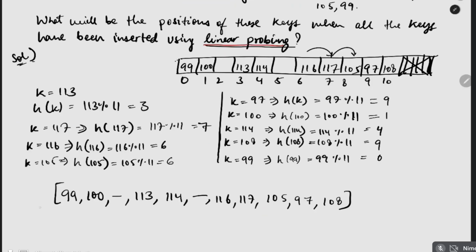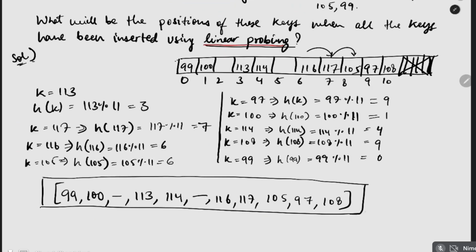Right, so this is the final state of the hash table after the insertion of these 9 elements using division method for hashing and assuming linear probing, right?